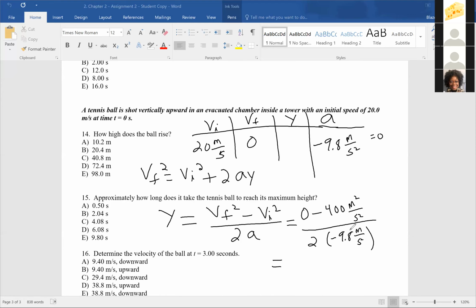It's approximately 40, right? But since it's a little less than 10, my answer is a little more than 40. And then of course, second squared and second squared cancel. And one of these meters cancels one of these meters. And negative over negative will give me a positive.